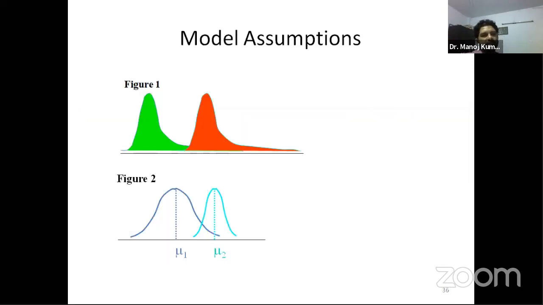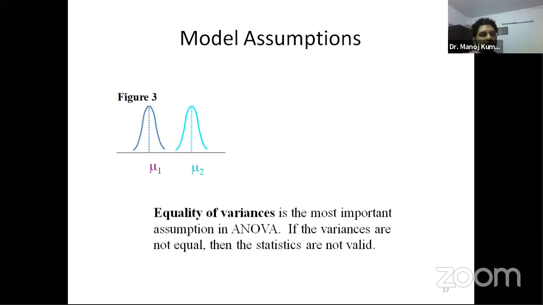Model assumptions: you see that these two distributions are not normal, and here you see a normal distribution but with unequal variances. The variances should be equal for both distributions or both samples.